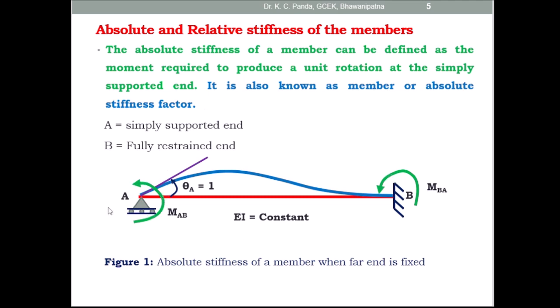Look at this figure. Here A is the simply supported end and B is the fully restrained end. So this is the anti-clockwise moment MAB, and theta A, the rotation at the end A, is equal to 1, and here at the support B due to fixed end, the slope is 0, and this is the moment MBA.